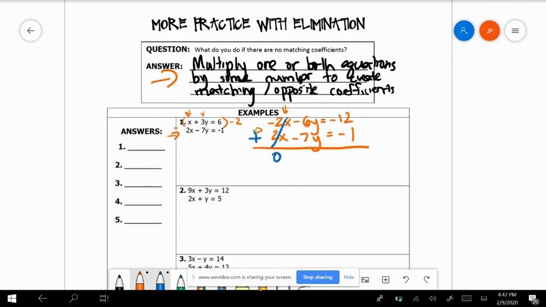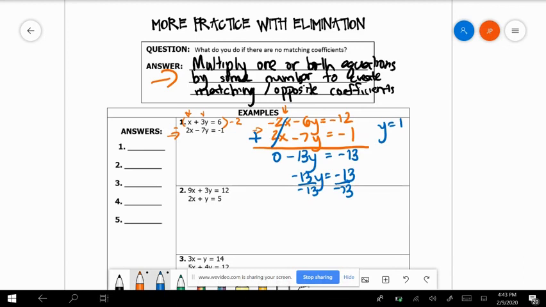So that'll give me 0 for my x's. -6y plus -7y gives me -13y. And then -12 plus a -1 gives me a -13. So then what I've got is -13y equals -13. Divide out my -13, and I've got y equals 1.